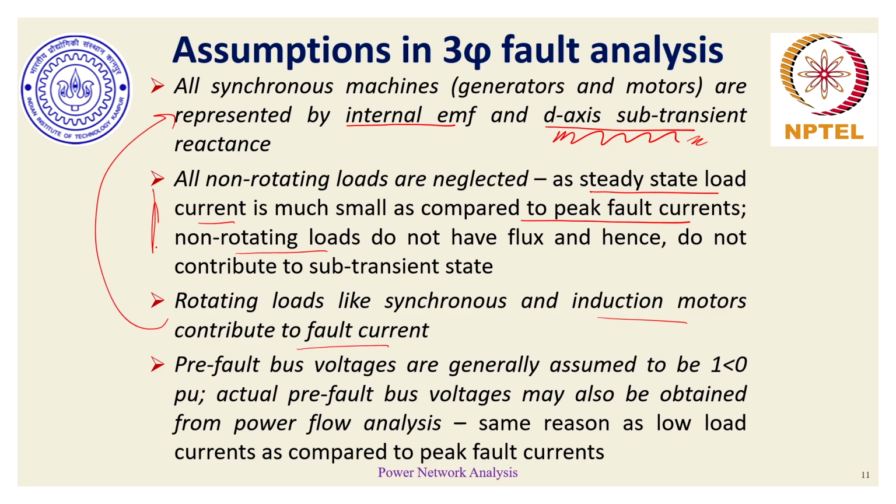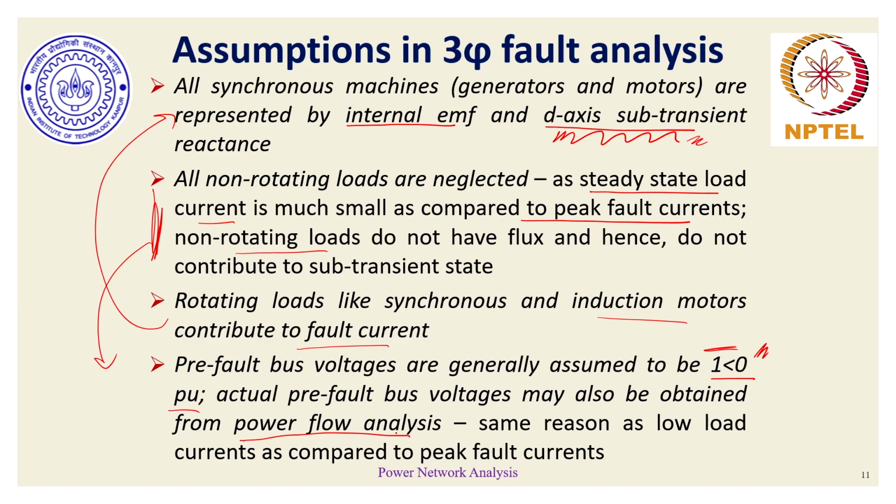Going ahead with this logic of ignoring non-rotating loads, pre-fault conditions can also be chosen to be 1 at an angle 0 pu for all bus voltages, because if we consider this condition, then essentially we are ignoring the flow of normal pre-fault current. If as an engineer we feel we are very sacrosanct and should not make this assumption of having a flat voltage profile across all buses in the network, go ahead, fine, no issues.